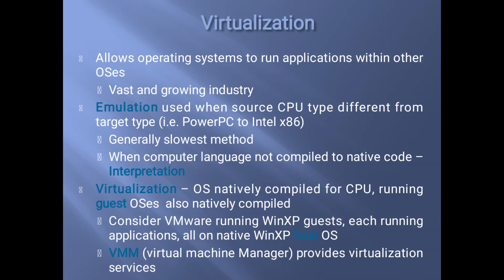The next main topic is virtualization, allowing operating systems to run applications within other OSes. It also follows some other related terminologies like emulation, interpretation and virtualization. In virtualization, the OS is natively compiled for the CPU, and the guest OSes are also natively compiled.